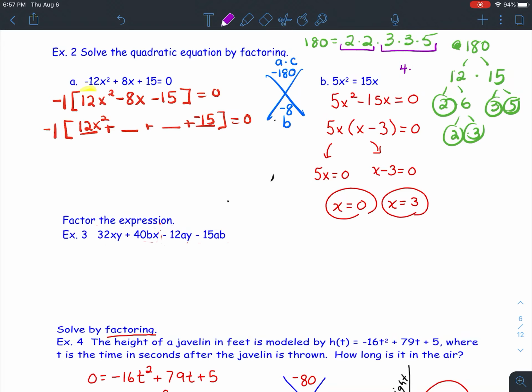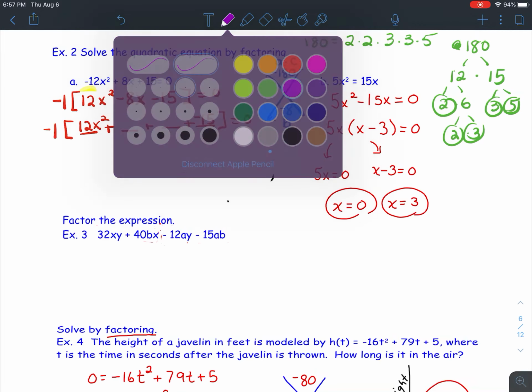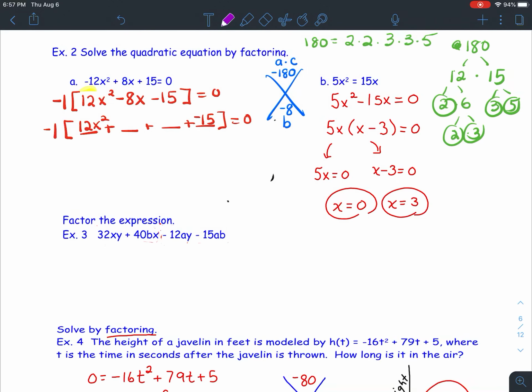For example, if I group these two 2's together and made that a 4, and then I grouped the 2 3's and the 5 together, that would be a 45. Here is one combination of two numbers, 4 and 45, that could multiply to be your 180, but I don't think those are going to add to be -8. So we're going to try a different combination. Sometimes it's a little bit of trial and error to stumble on it.